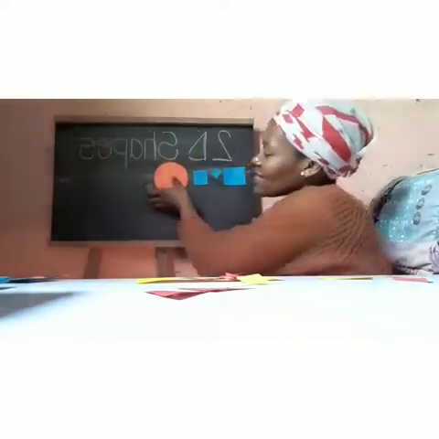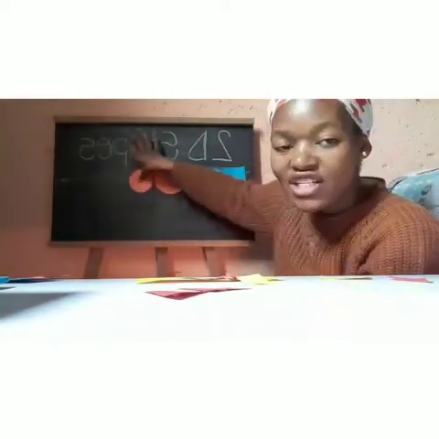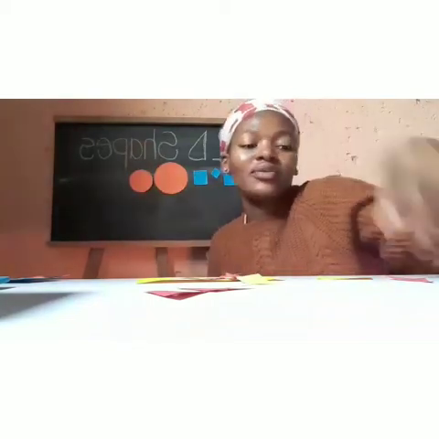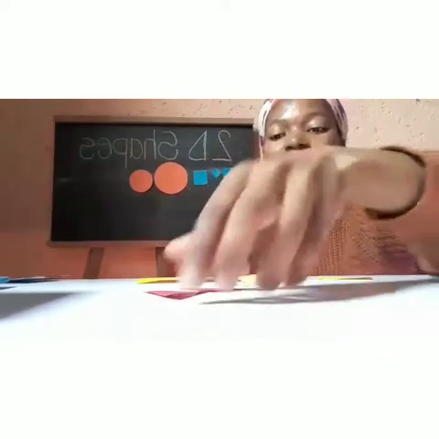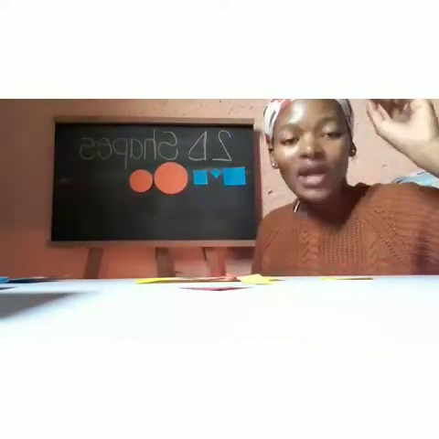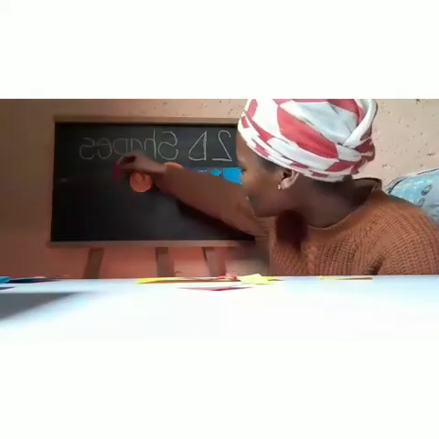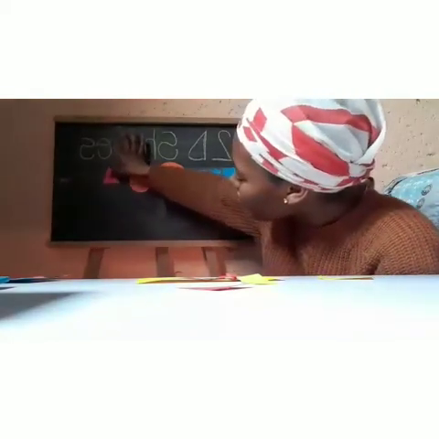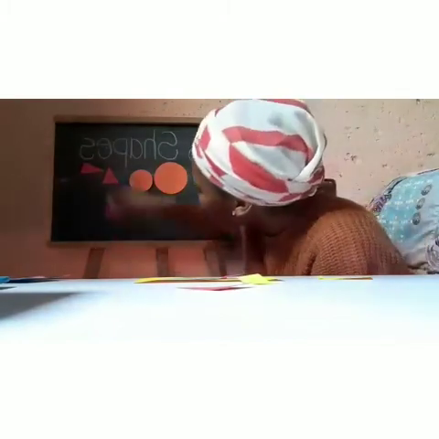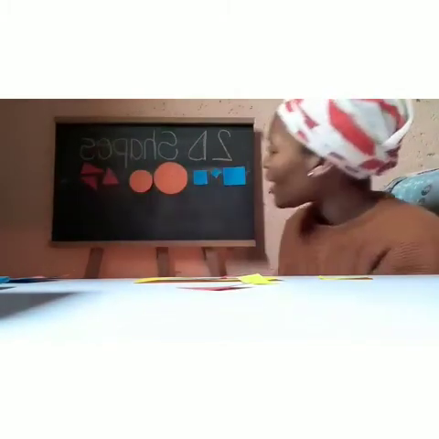I told you guys that circles do not change their forms. Okay, so they are just the way they are. And then I want us to move on to the triangle. So I want you guys to see the difference in the triangle. We have the regular triangle that we know. We have this triangle. We have this triangle.